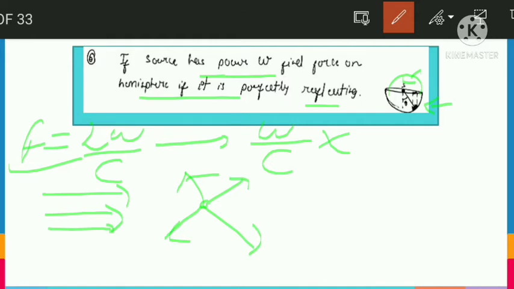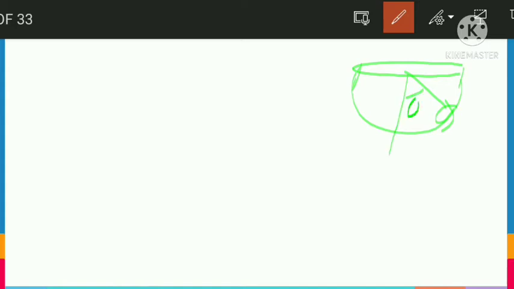But friends, let's move to the next slide so I can tell you better. Let's draw its figure. We have a hemisphere this way, and it is sending light in. Let's say here we have a small area, and here we have theta.